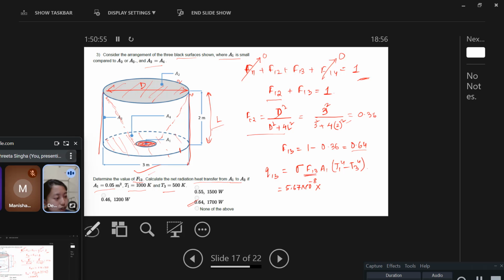So view factor is 0.64, A1 is given as 0.05, into 1000 to the power 4 minus T3, which is 500 to the power 4. This gives about 1700. Yeah, so this is the option already given.